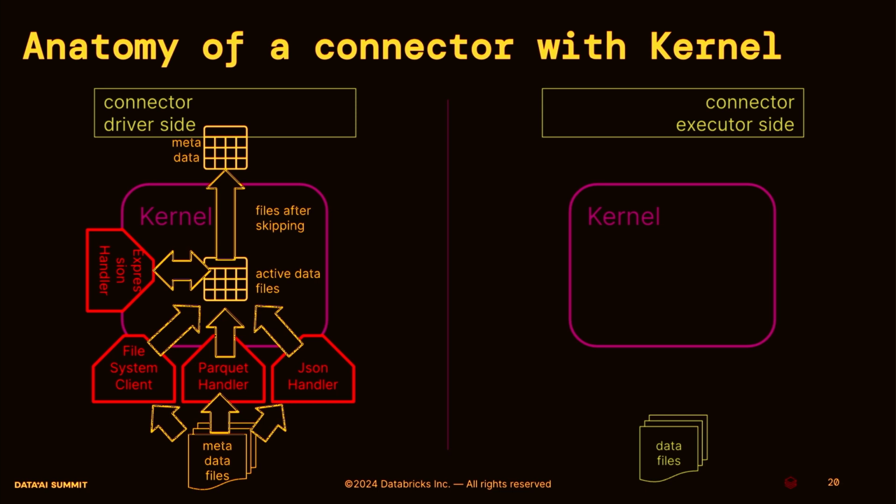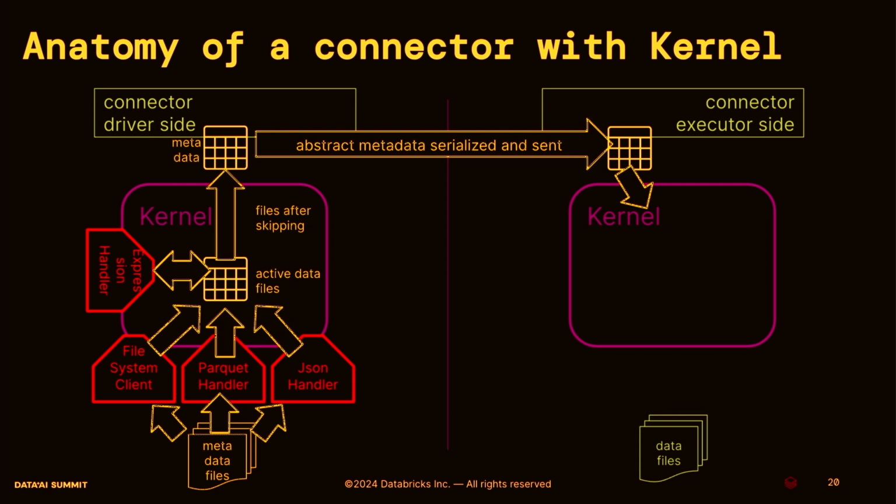Now the connector can take this table of metadata, split it by the rows, and send it to all the executors. It's the connector's responsibility to take this abstract metadata. It doesn't need to understand what is inside it. It just needs to split it, serialize it, and send it to the executor. The executor plugs the part of the metadata it received back into the kernel.